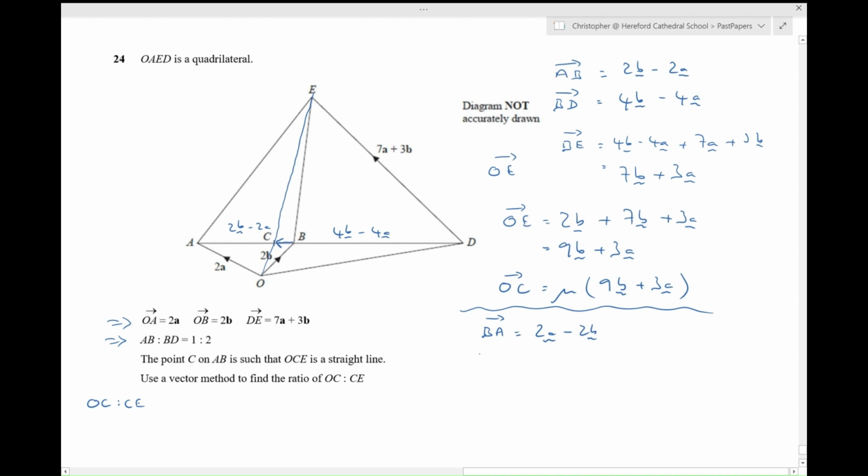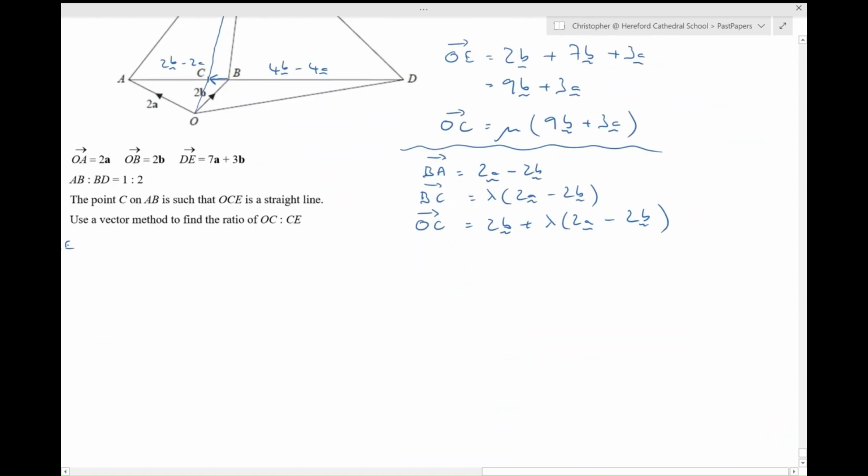And so I'm going to imagine that BC is lambda of that, a certain fraction of that. So now I'm going to write an expression for OC using that BC. So OC will be, go from O up to B, which is a movement of 2B, plus lambda lots of 2A minus 2B.